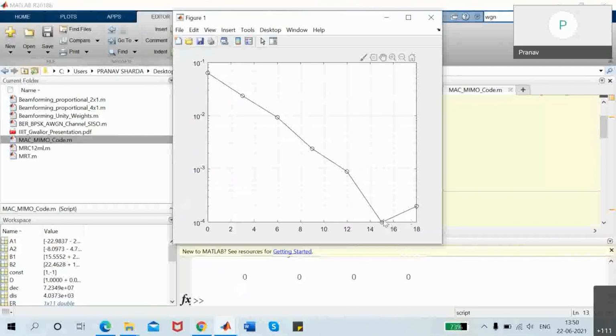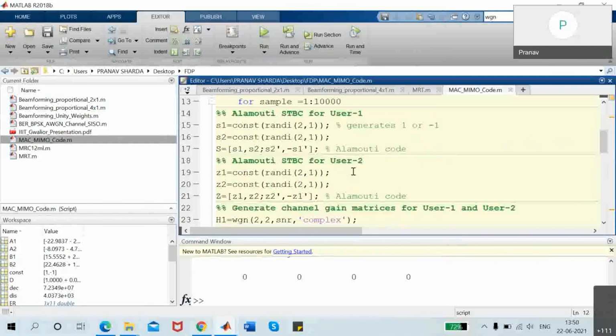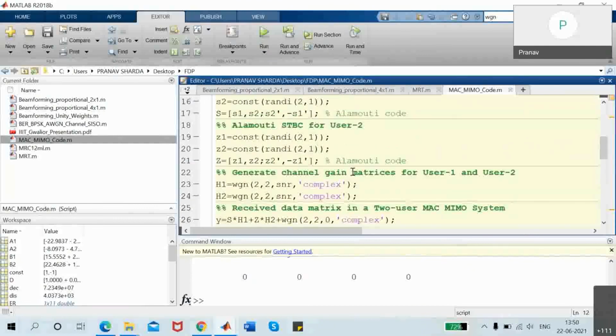So this uneven behavior is only because more iterations are needed. You can take the value of n to be 10 raised to power 5 to observe a smoother trend of this curve, right? So this is what we discussed about the multi-user MIMO scenario based MATLAB illustration.